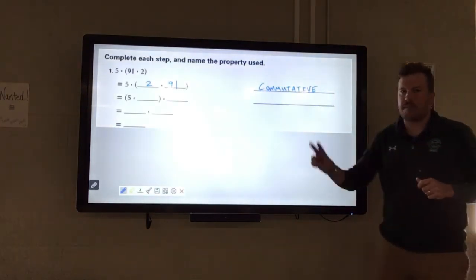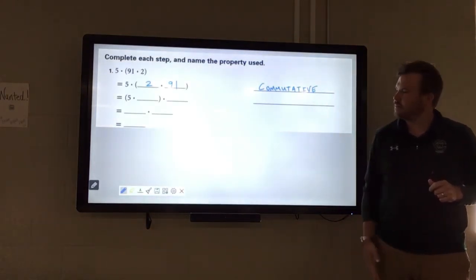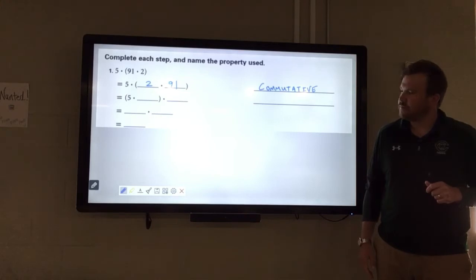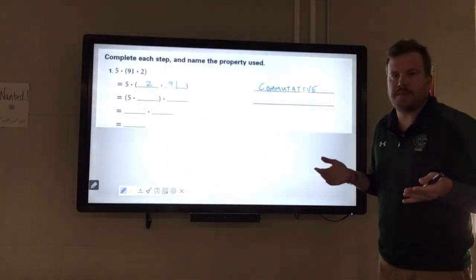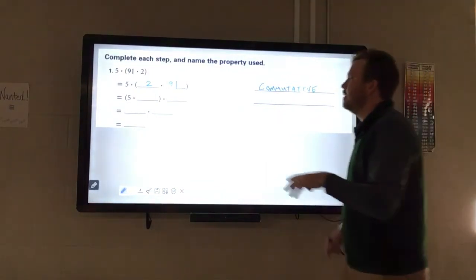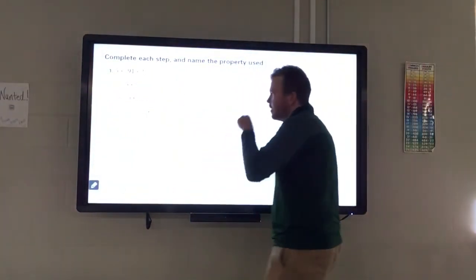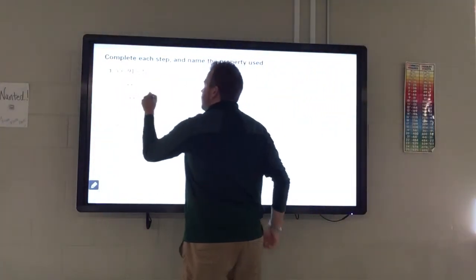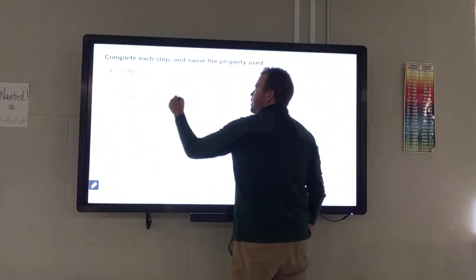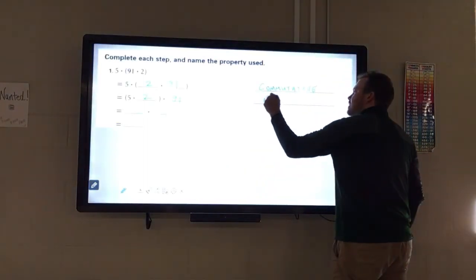The commutative property lets us switch the order like that. In this second step, we're going to group things just a little bit differently. All right? Instead of having the 2 times 91 grouped, let's instead group the 5 times 2. And then we'll multiply by 91. If you remember, that was the associative property.